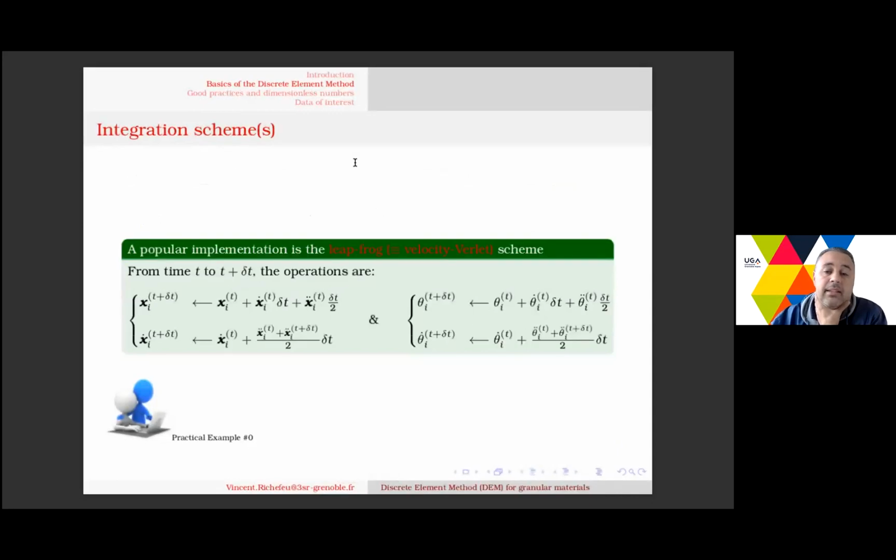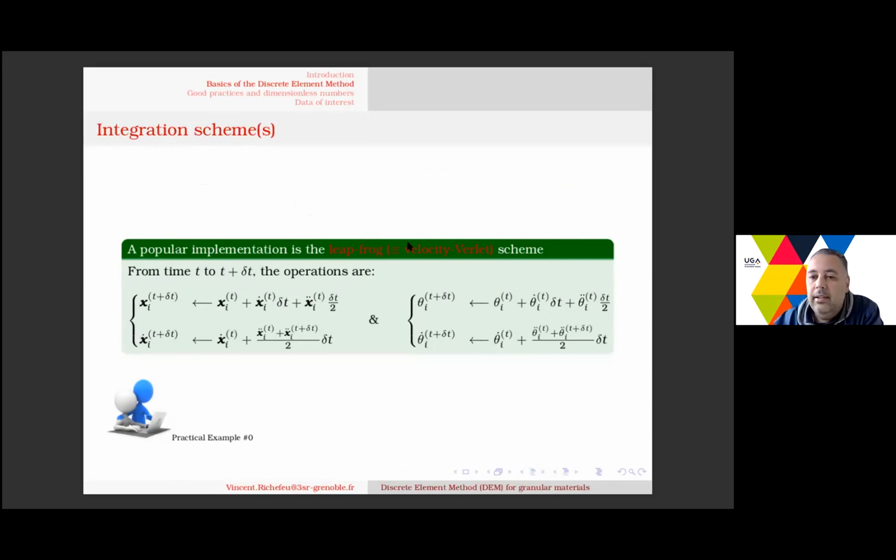So now let's have a quick look at what we would do with the velocity Verlet scheme or leapfrog. I don't really know what the difference is. So this scheme is very often used in codes.